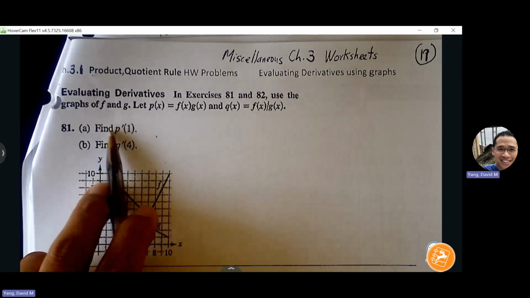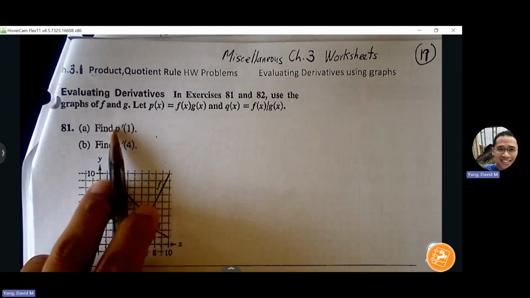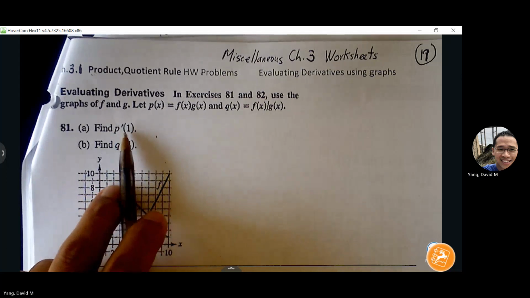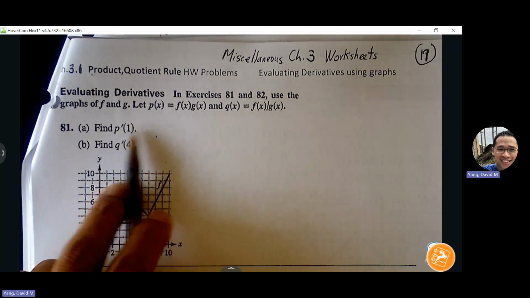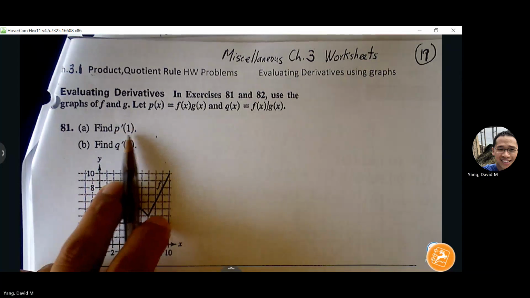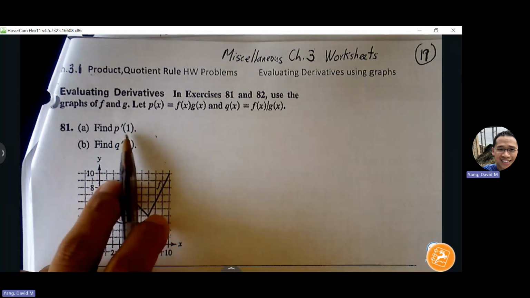This will find us the what of this graph? Slope, right? But before we get to the slope, we first have to get to the derivative. We have to find p prime of x. So let's not worry about the 1.